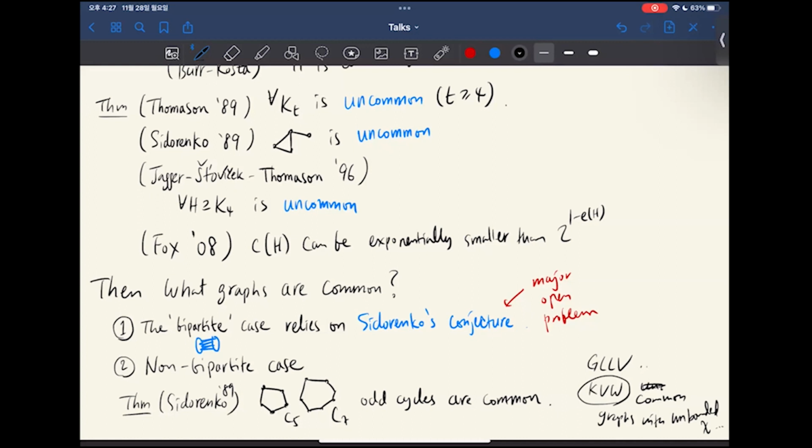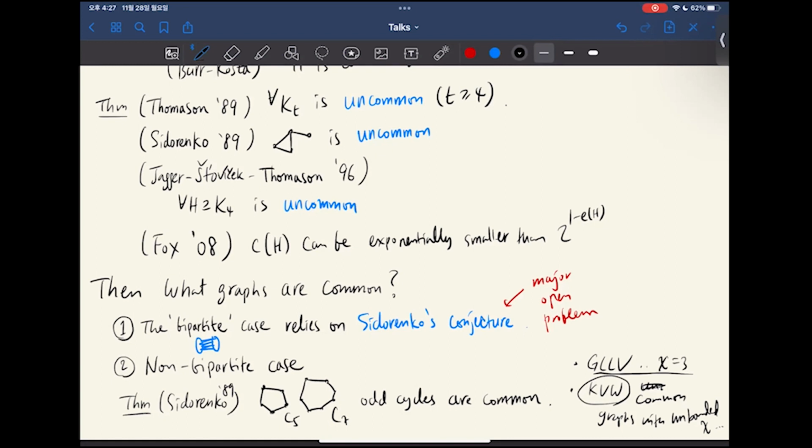In this paper, they focused on the tripartite case, and they actually constructed common graphs with unbounded chromatic number and so on. But let me focus on cycles and paths for this talk. So this is a very brief historical overview of the topic.